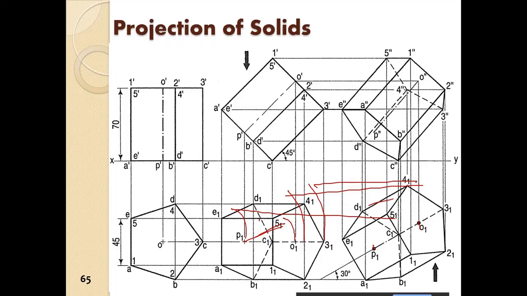So here suppose I construct this 30 degree line, so I will rotate the point O1 here. Then similarly in this axis, all of these points have to be rotated, 30 degree like this.